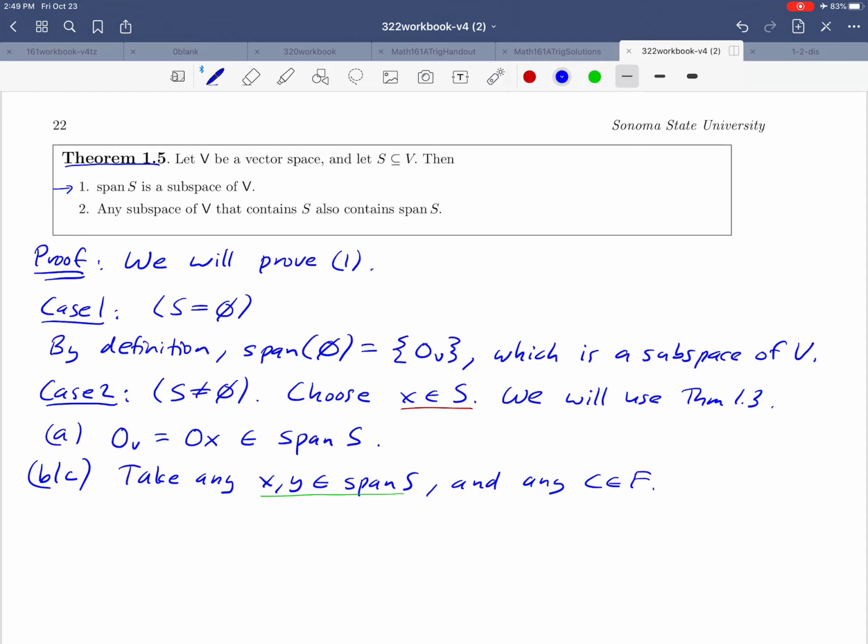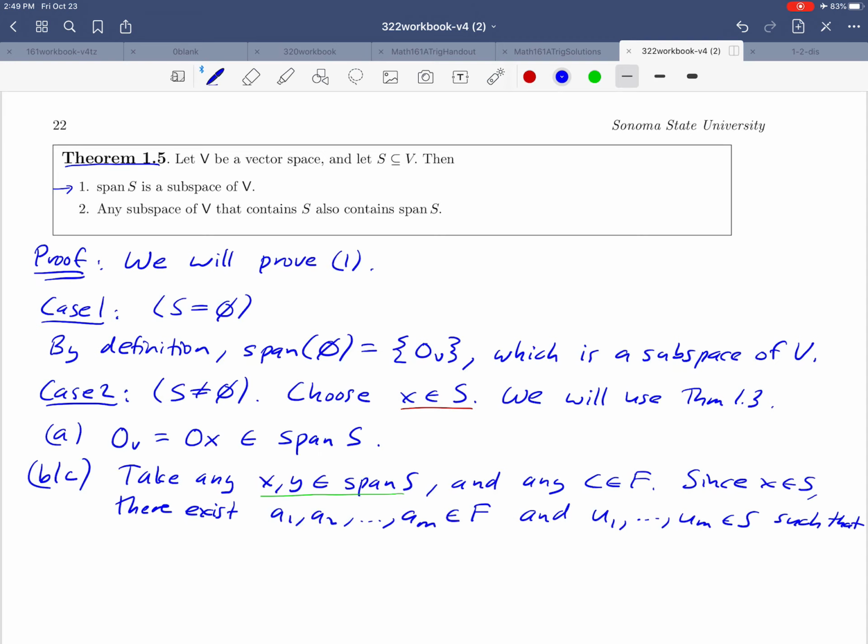Okay, and again, that just means that we can write both x and y as a linear combination of vectors in our set. Okay, so we'll start with the x. Since x is in the span of S, that means that there exist scalars, I'll call them a1 through am, and vectors, I'll call them u1 through um in S, such that x looks like a1 u1 plus a2 u2, and so on.